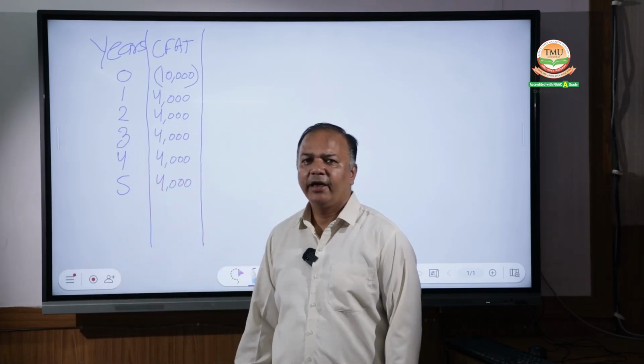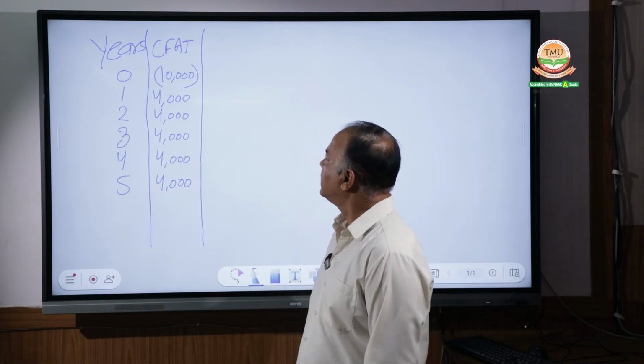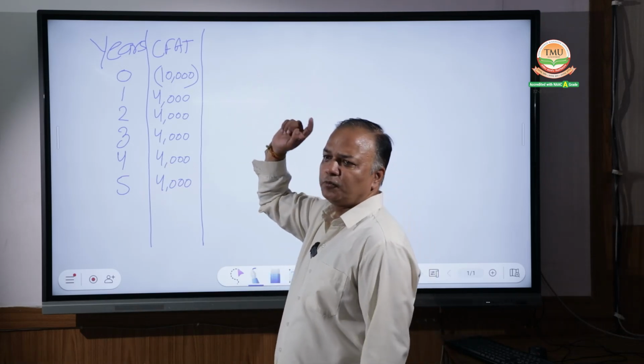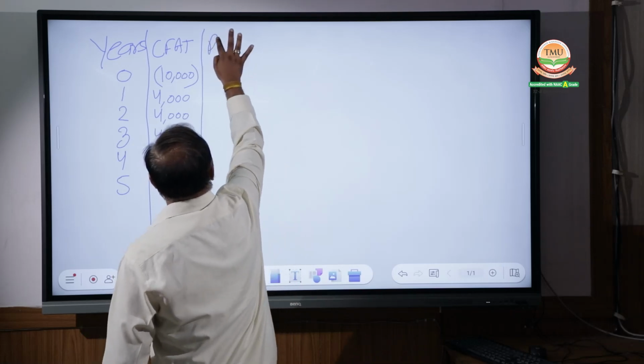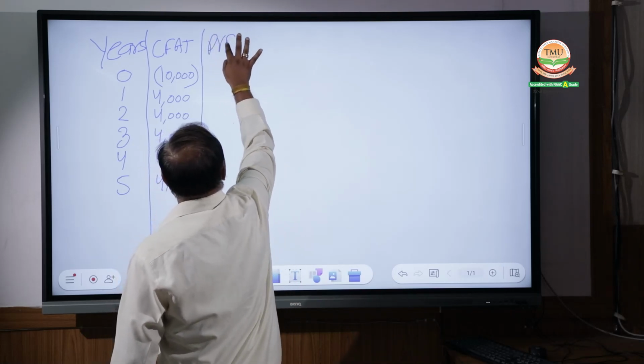These are the cash flows after tax. Now write down the present value factor.